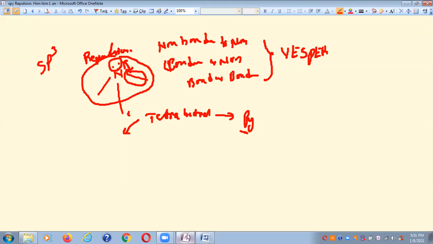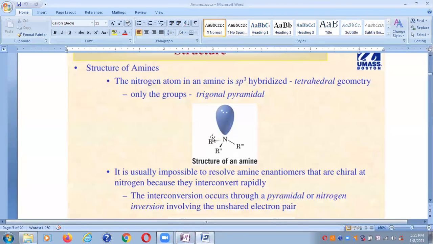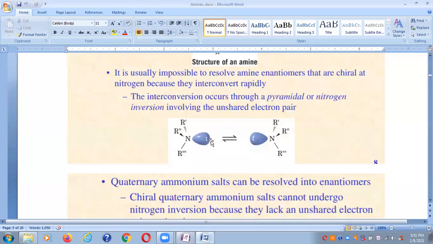Okay, so that's why here he has shown the large balloon. That balloon represents the lone pair of electrons, the non-bonding electrons. These lone pair of electrons occupy more space on the nitrogen atom. So this is one of the interconversions, that means flipping.